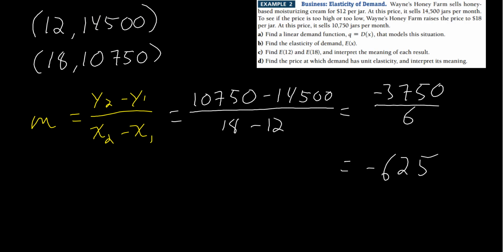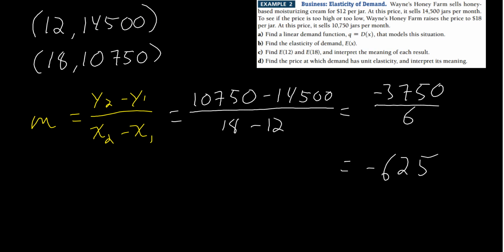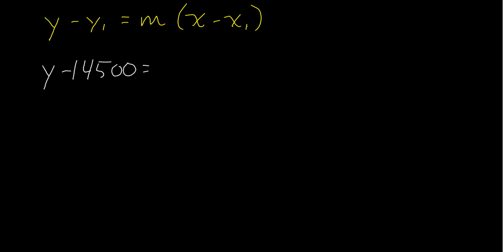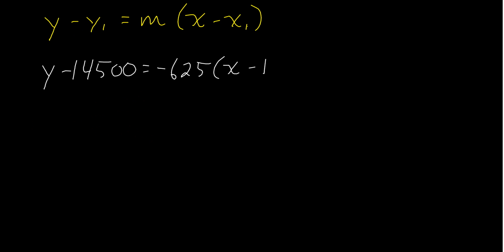We have to choose a point, and it really doesn't matter which point we use. We just have to use one of them. So let's use the top one. We're going to use 12 for x and 14,500 for y. That's equal to my slope, which was negative 625, I believe, and then x minus, shoot, was it 12? Yeah, 12. Okay, so let's clean this up a little bit.